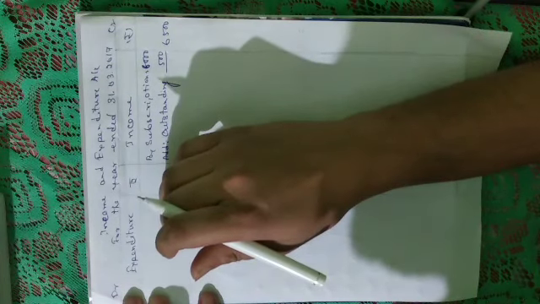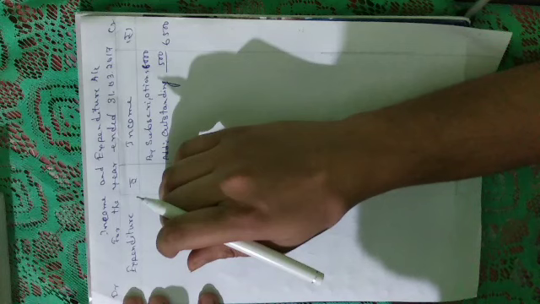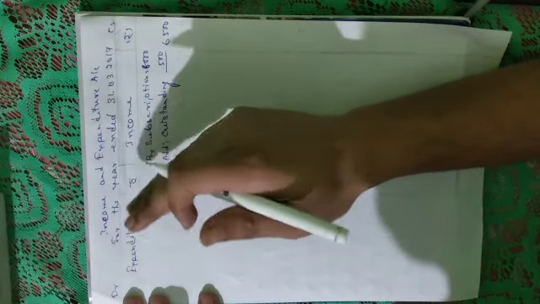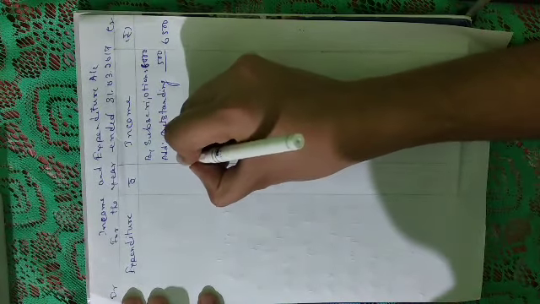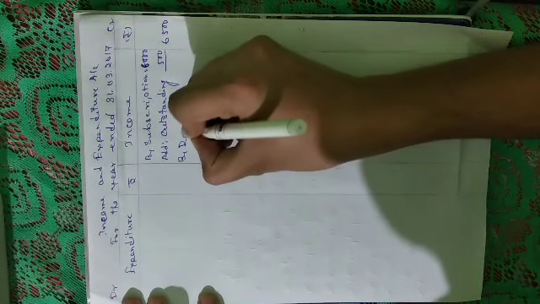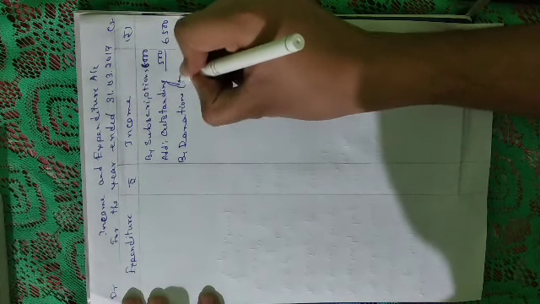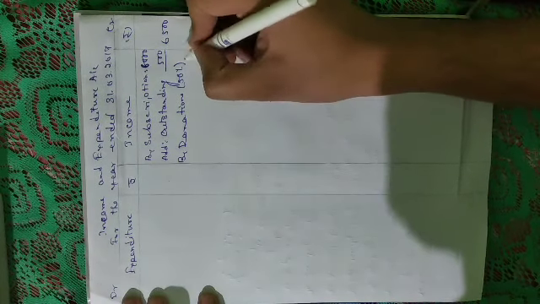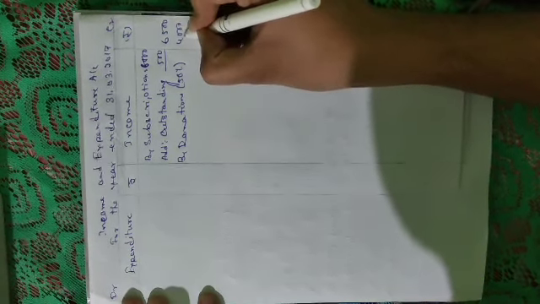Then donation. In the additional information, it was decided that half of the amount of legacies and donations would be treated as income. So 50% will come and 50% will not. So by donations 50%, that is, donation amount is 8,000, half is 4,000.